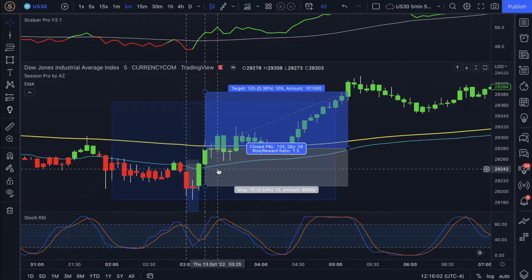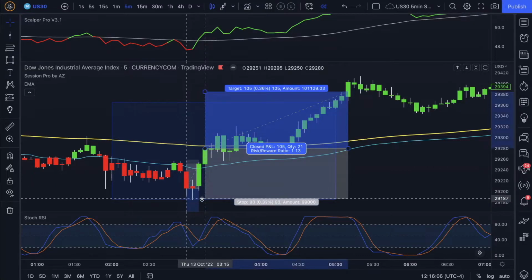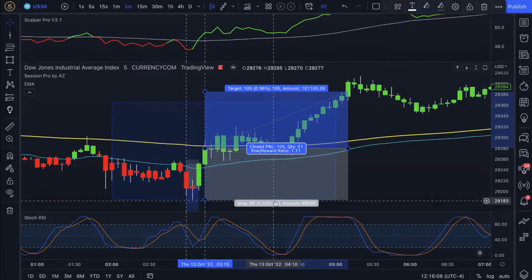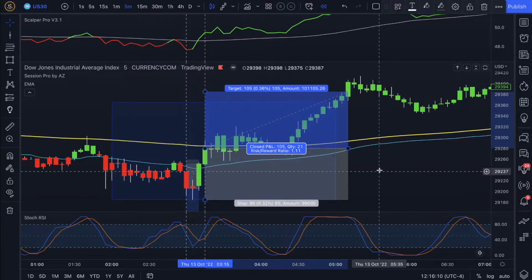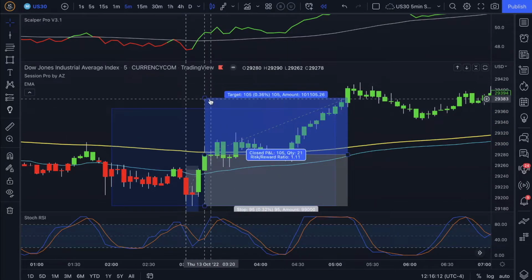So it's always a thing of, for example, if you would use the bottom of this wick here, you almost have 95 points in stop loss. And now you would be looking for an almost 150 point move just for it to take your profit. And usually during the London session, prices don't move by this much.